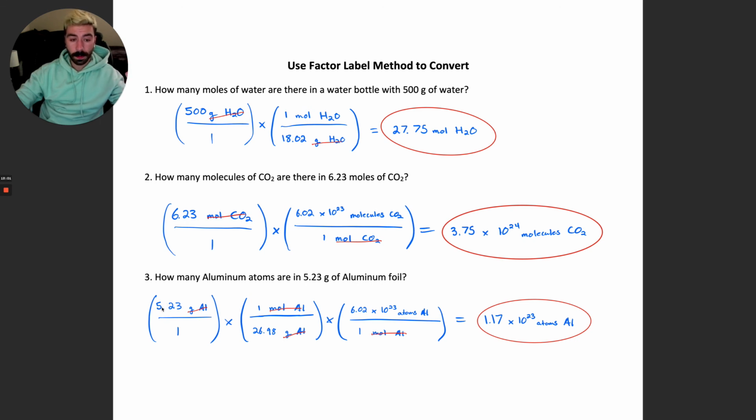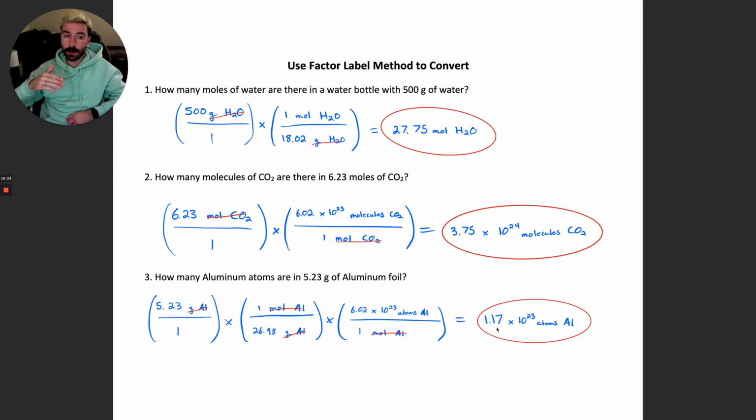It might even be less than a quarter, but it's right around a quarter. So if we have this to start, and we know this many atoms are in a mole, our answer should be less than this, but close. And it is. That's what we've got. So our answer makes sense.